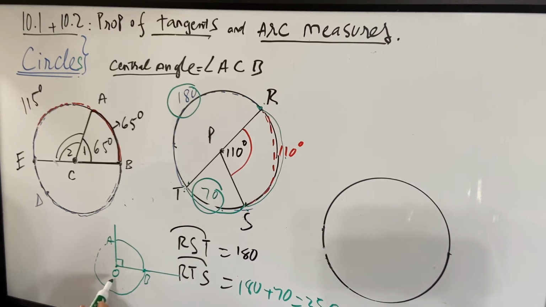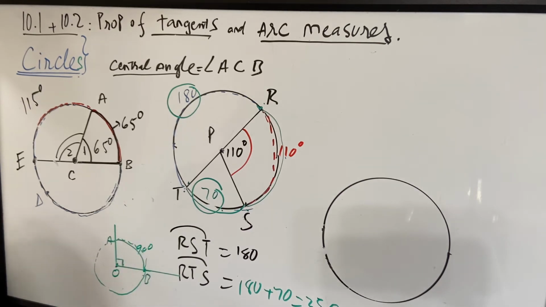This is very important, pay attention. The central angle AOB is 90 degrees. Therefore, the arc over here is also 90 degrees.